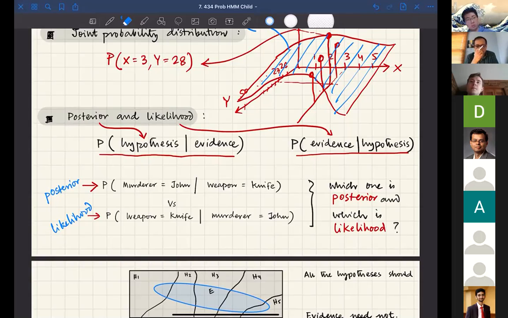When you have some prior knowledge about it. When you have some prior knowledge about what? About the hypothesis? About which one, the hypothesis or the evidence? Basically, the question is: is this the hypothesis and this the evidence, or is this the evidence and this the hypothesis?